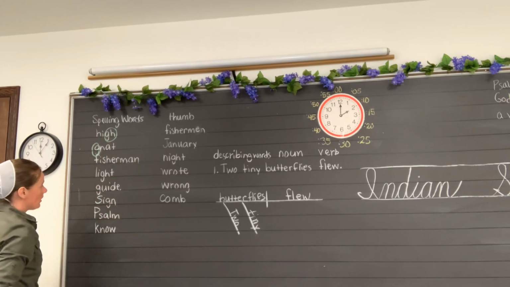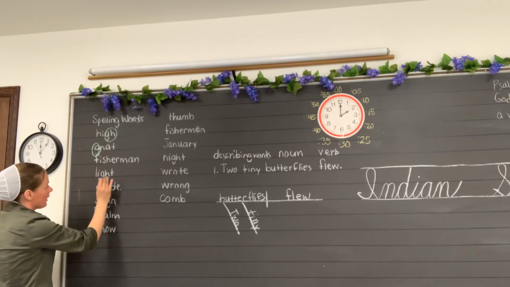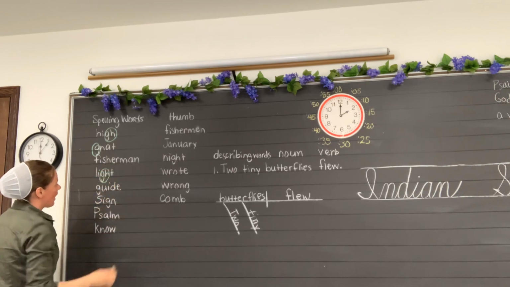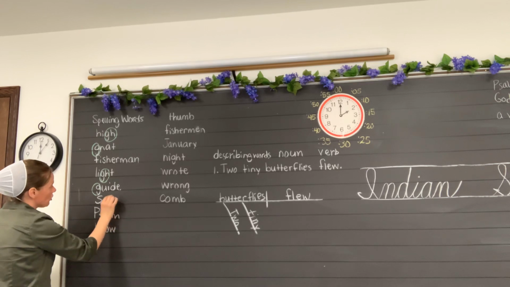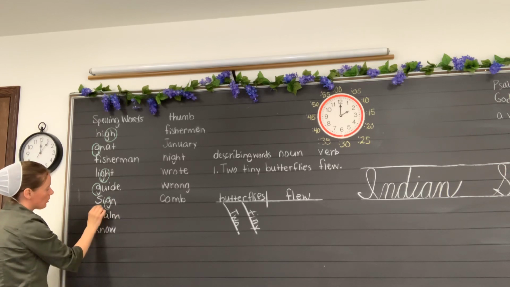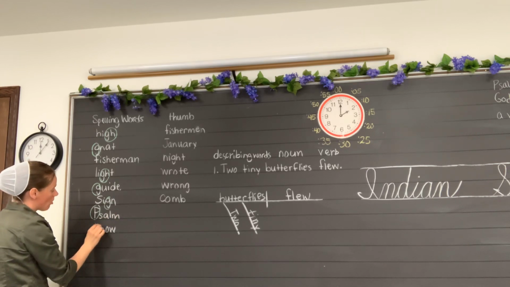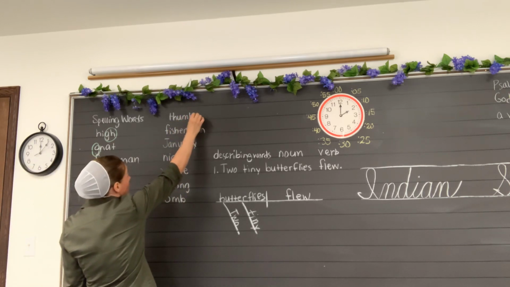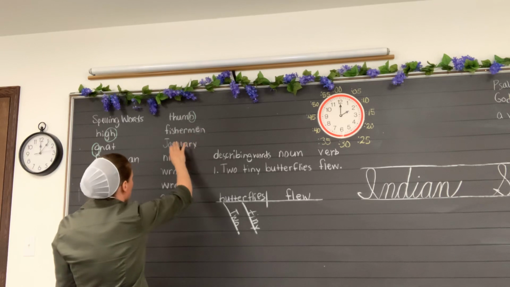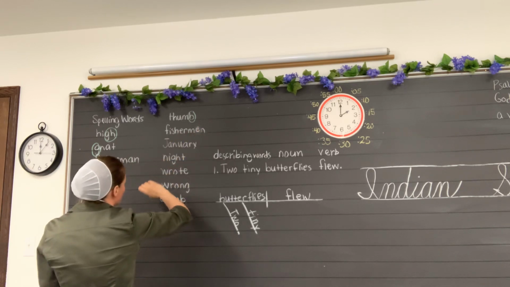Fisherman does not have any silent letters. We have light, GH is silent in light. Guide, G is silent. Sign, G is silent. Song, P is silent. No, K is silent. And then we have here thumb, which is the silent B. And fisherman, no silent letters.